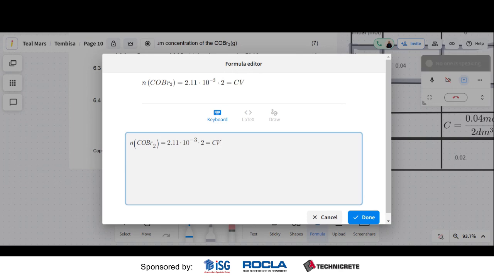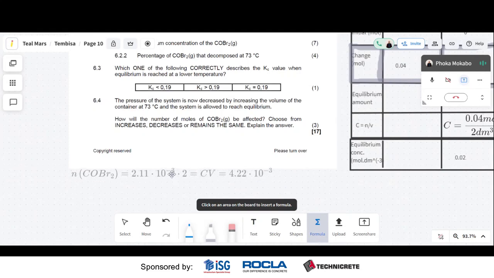It's equal to C times V. And that entire thing is equal to 4.22 times 10 to the negative 3. Okay, just doubling the value. Nothing hectic over there.